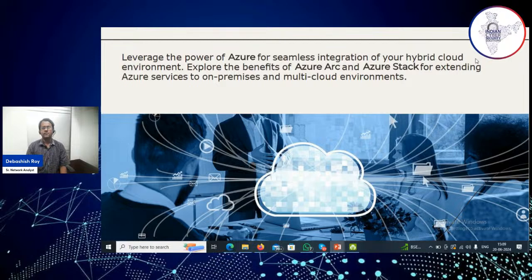You have to leverage the power of Azure for seamless integration of your hybrid cloud environment, and explore the benefits of Azure Arc and Azure Stack for extending Azure services to on premises and multi cloud environments.